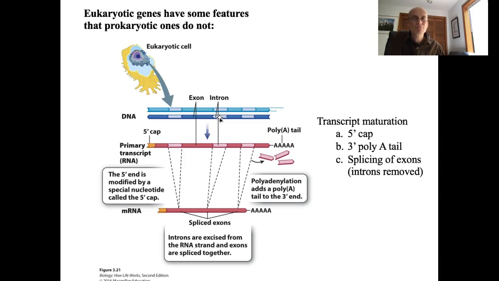I'm shaking my head a little because that's not completely true. They're not completely useless. There are certain ways introns are used, but for all intents and purposes, the most important thing to know about introns is that they usually get removed. They get spliced out, they get thrown away. The exons get kept. This is what this figure shows: exons stay, introns get removed.